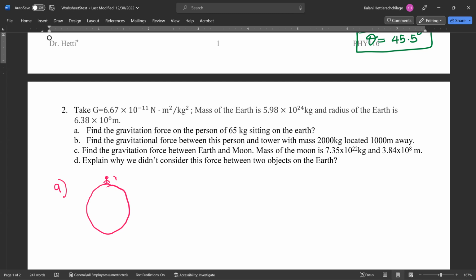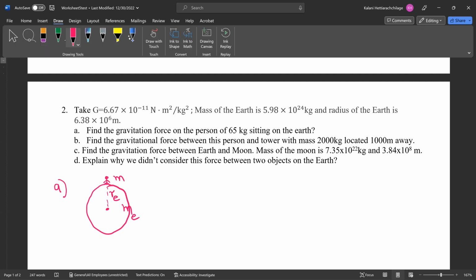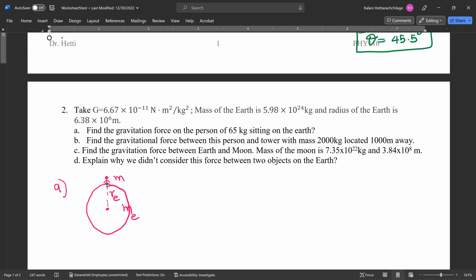So we'll say mass of this person is M and mass of the earth is ME, and this distance is RE, right? So now we know that there is a force on this person when he's sitting on the earth. That force will be in this direction. That force we will be able to calculate by using G M ME over RE squared, right?